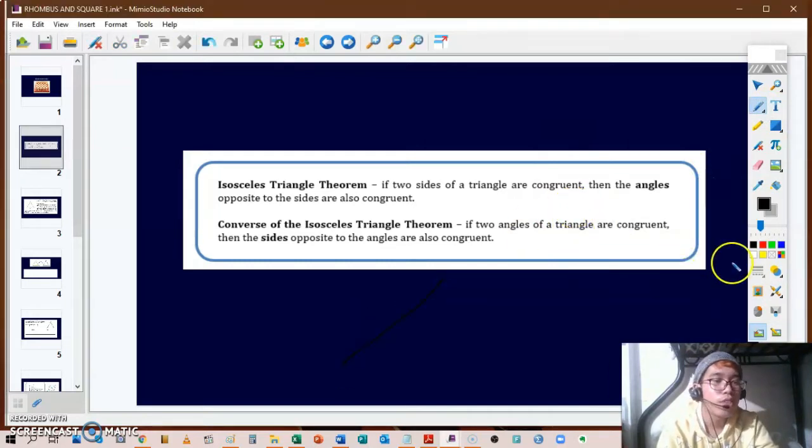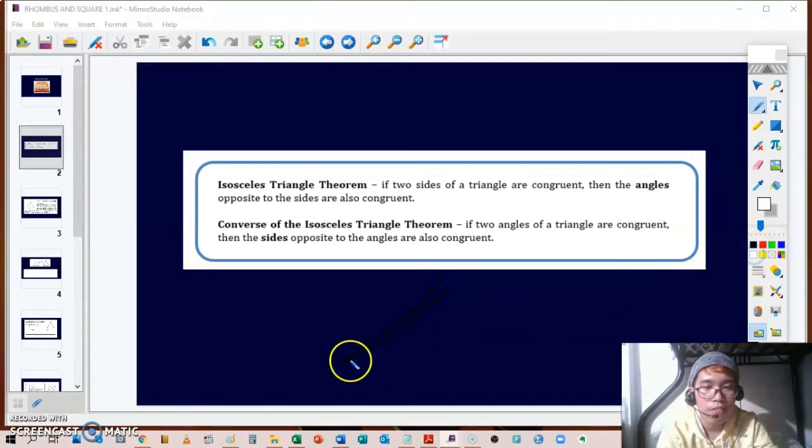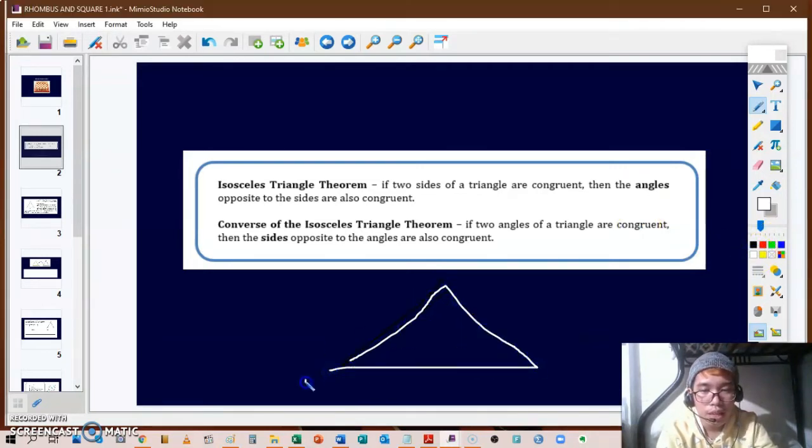Let's say for example we have here an isosceles triangle, triangle ABC. It states that if two sides of a triangle are congruent, say side AB is congruent to side BC, therefore the angles opposite to those sides are congruent to each other.